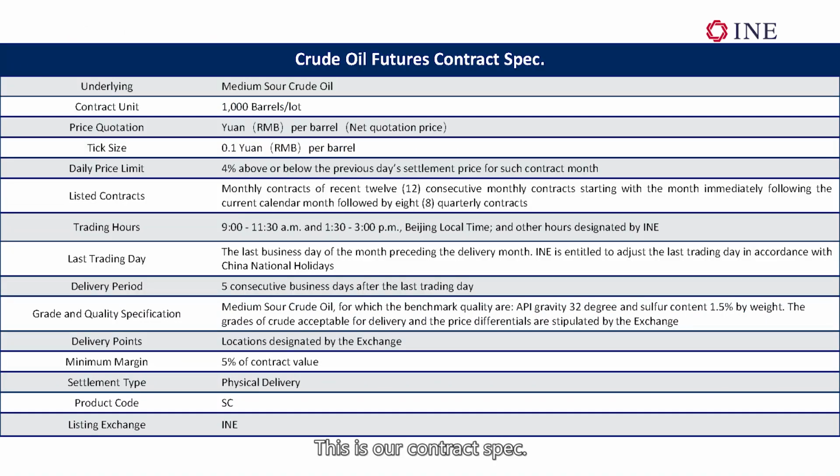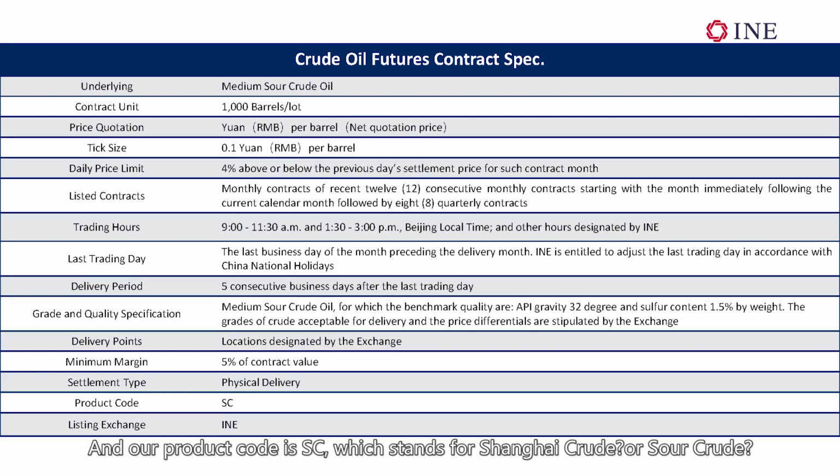This is our contract spec. Our underlying product is medium sour crude oil, and our product code is SC, which stands for Shanghai Crude or Sour Crude. For the rest of the contract spec, I will go through it in a later slide. A lot of people will ask why INE chose medium sour crude as the underlying quality.